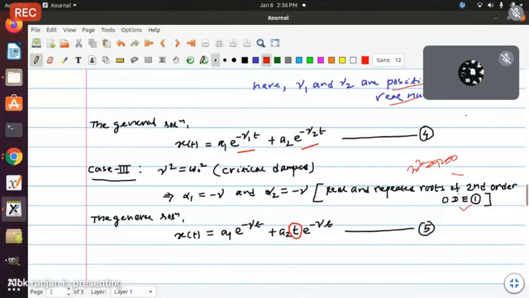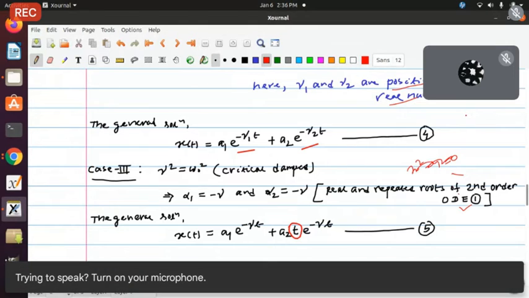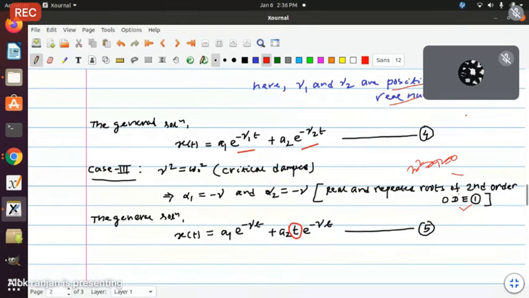Before we discuss that, I would like to bring your focus to the solutions. The solution is nothing but the displacement. Now you know the displacement for any case, critical damped, over damped, or under damped. Therefore you can get the velocity, you can get the acceleration, and therefore you can get the total energy of the oscillator.